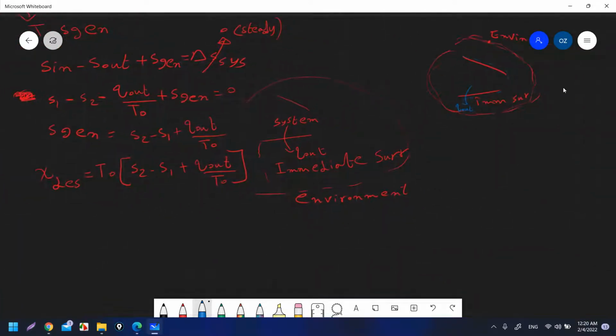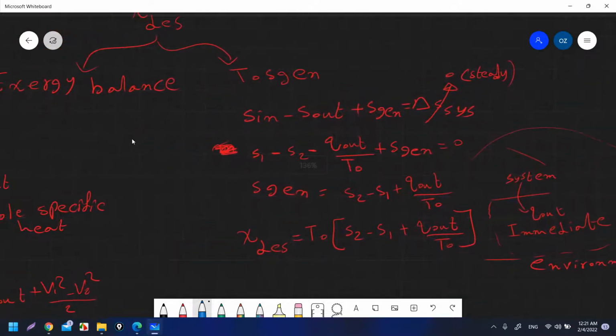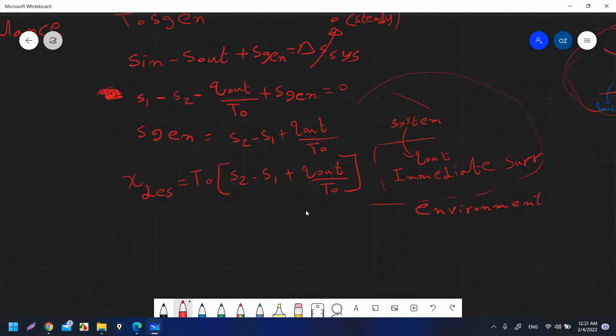But if I take the whole system and the immediate surrounding together, I can make exergy balance and get the same value for the exergy destroyed. So that's the other way, but let's stick to what we know. T naught S generation.